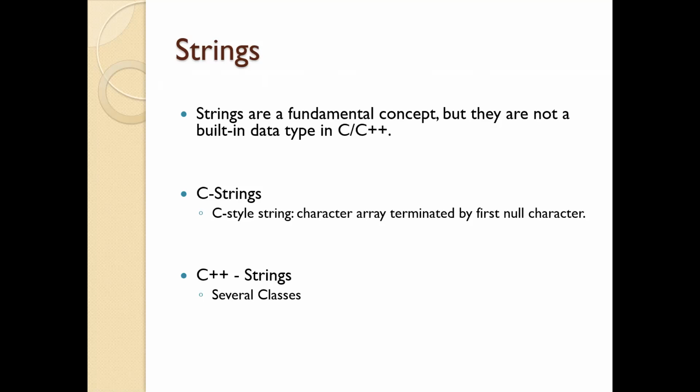is memory, strings or arrays, buffers, however you want to call them. Strings are a fundamental concept, but they are not a built-in data type in C, C++, as we have seen. A C style string is basically a character array that terminates by the first null character.